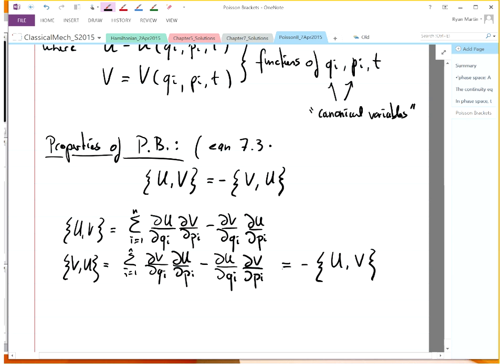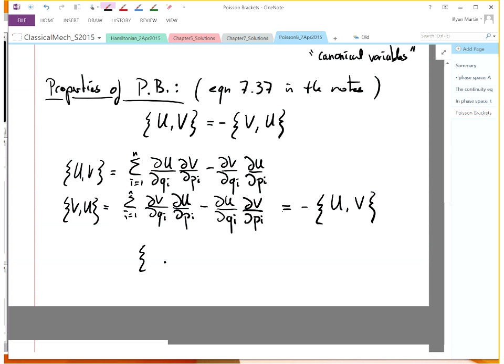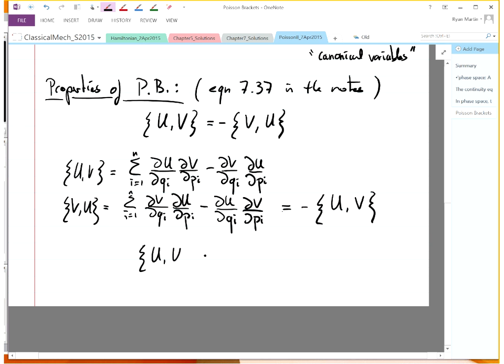Well, the properties of Poisson brackets, I'm just going to put here this equation 7.37 in the notes. There's like 11 of them. I'm not going to write all 11 of them out. There are some other obvious ones.